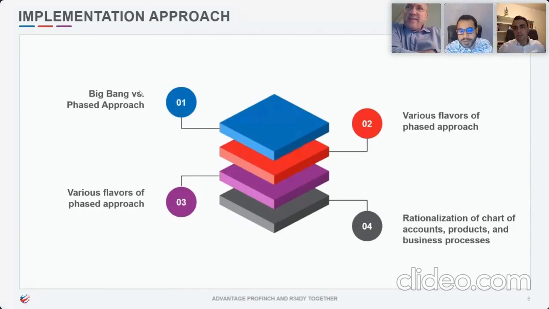So these are the different flavors, and with the upgrade there is a win-win that many times we miss, missing the woods for the forest, like they say, right? When we are upgrading, when we are changing the core banking, we should also look at it as an opportunity to rationalize the chart of accounts, clean up the mess that gets collected over a period of time, and rationalize the number of products.